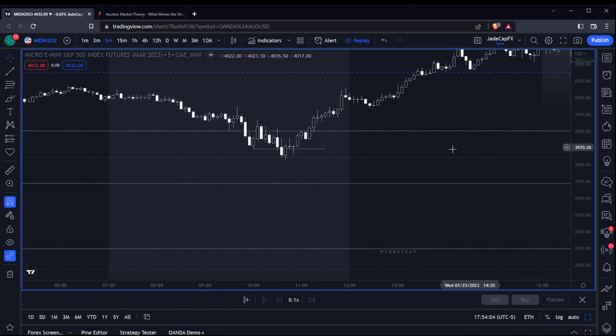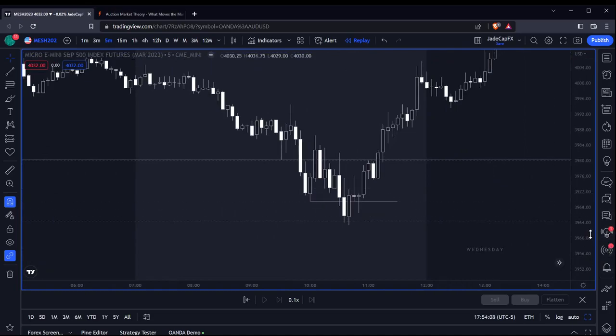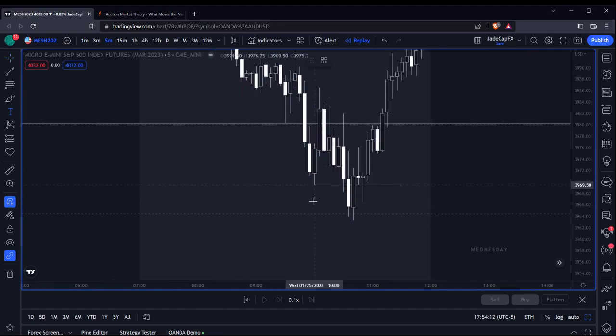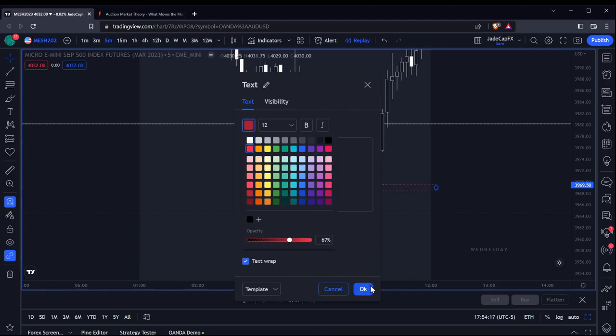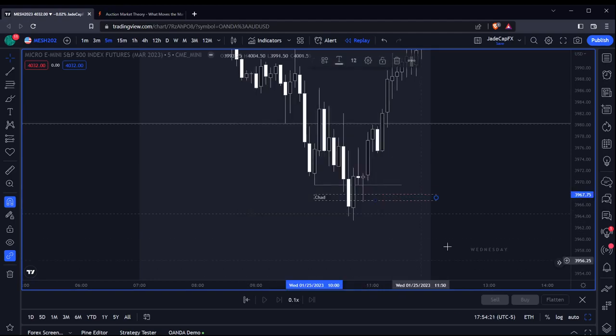So on a 5-minute time frame, we're just looking to get in sync and find a market structure shift. So this is the auction market theory. Someone is being flushed out of the market. We had sell stops possibly. You might be shorting it.